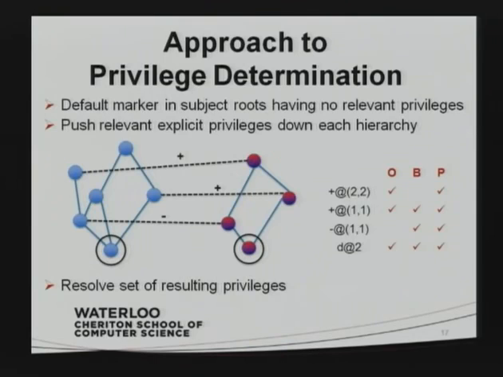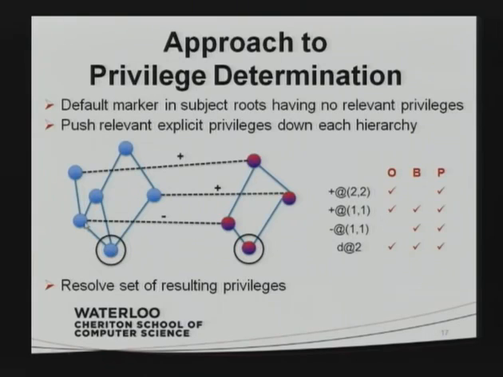I will remember that there's a default permission, whatever that is. So at this node, because as I go up the hierarchy there's no positive or negative permission, I just record that I have a default permission at this node.